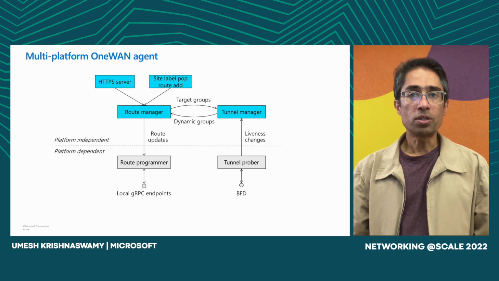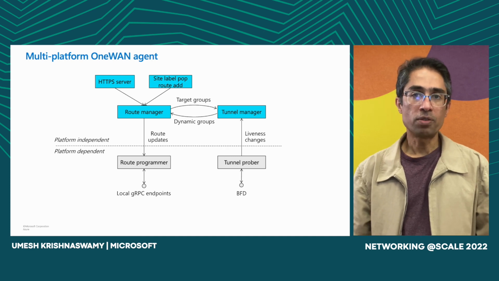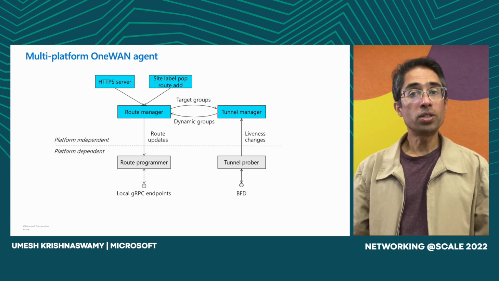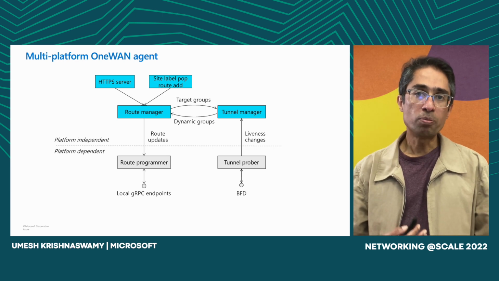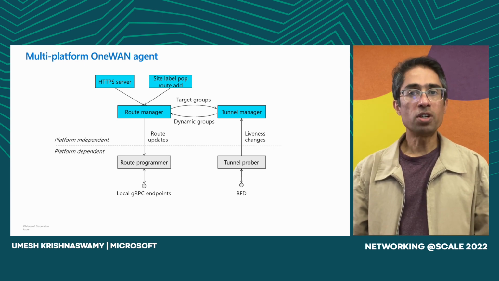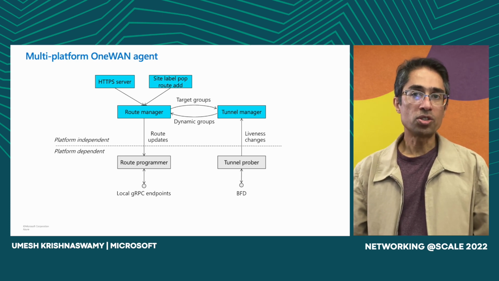The OneWAN agent runs on multiple firmware operating systems, including Sonic. Most of the complexity is in the platform-independent layer. The platform-dependent portion uses firmware-specific APIs, such as gRPC messages to local endpoints in the router and BFD session setup messages.